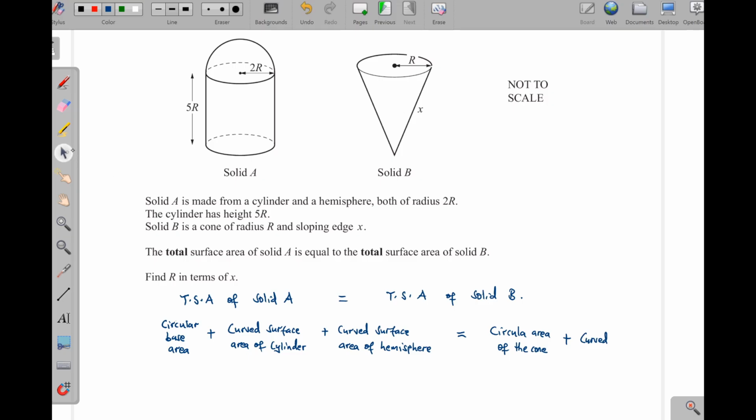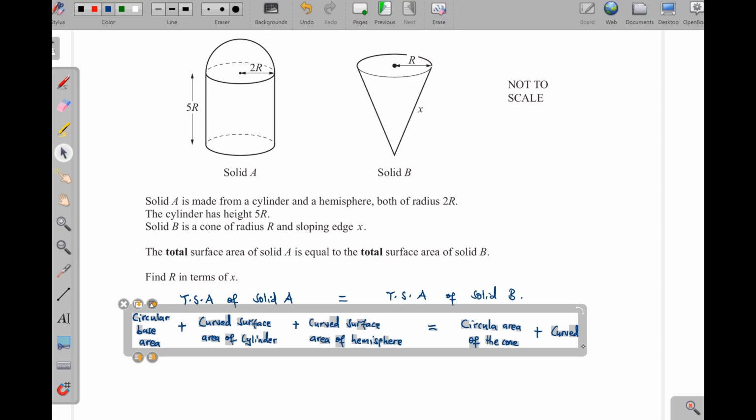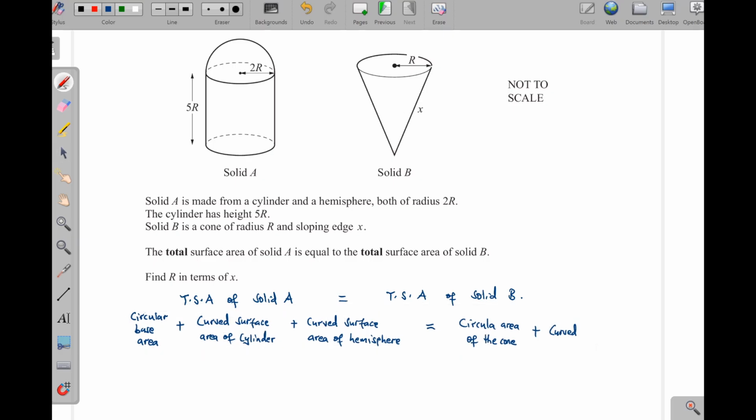Let me try to save some space here. The curved surface area of the cone.